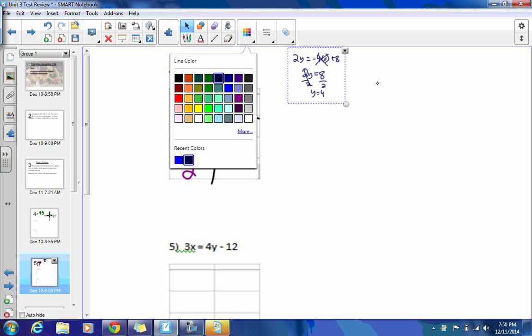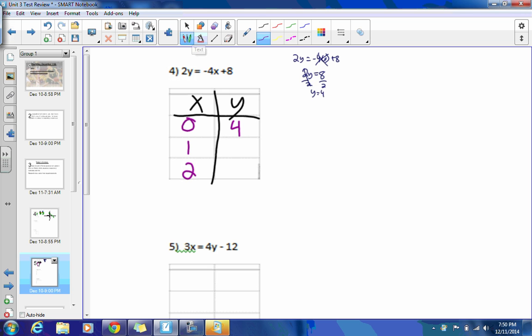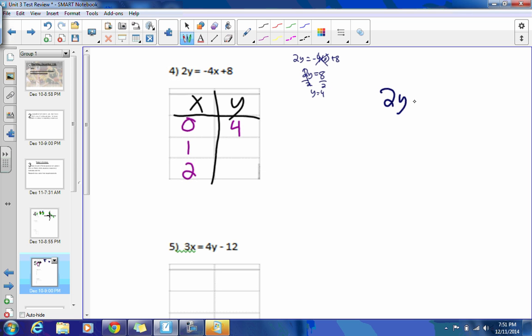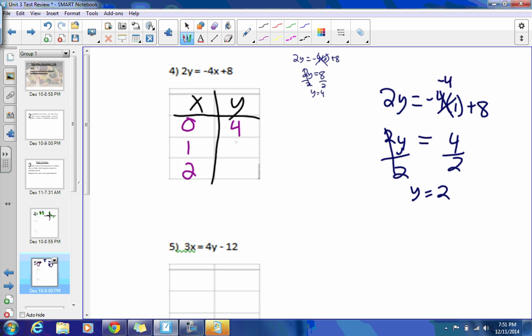So we'll say 2y equals -4 times 1 plus 8. The nice thing about this is -4 times 1 is just -4, and -4 plus 8 is +4. So you have 2y equals 4. To solve for y, you divide both sides by 2, and you get y equals 2. Alright, so there you got that one.